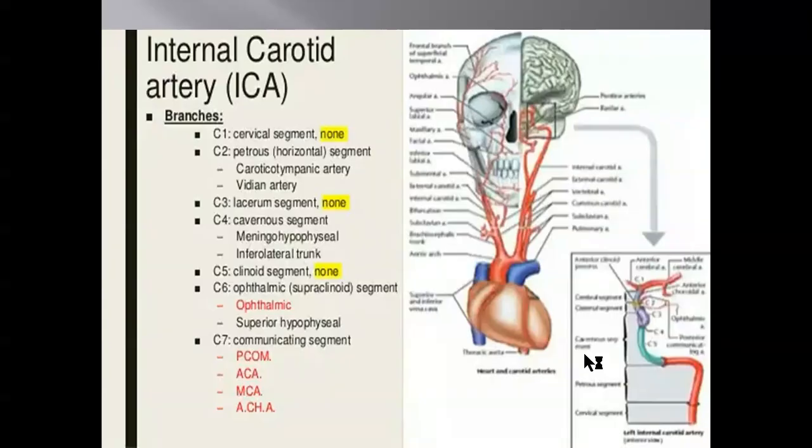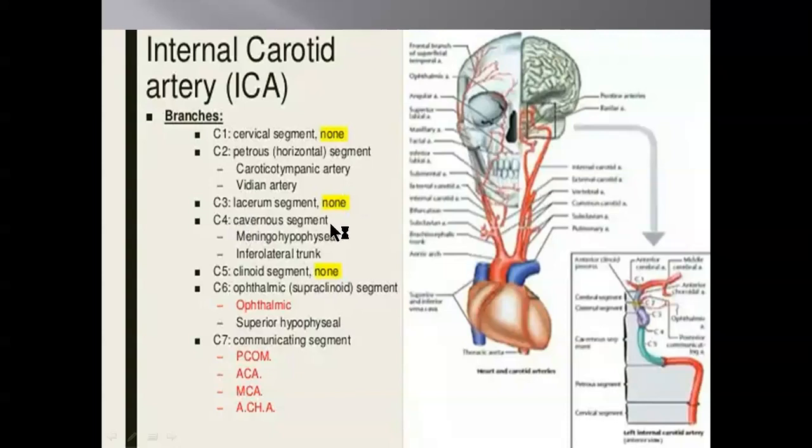Now, here is a quick summary of all the branches of the internal carotid artery. The cervical segment gives no branches. The petrous segment, horizontal part, gives the caroticotympanic artery and the Vidian artery. The C3 lacerum segment gives no branches.